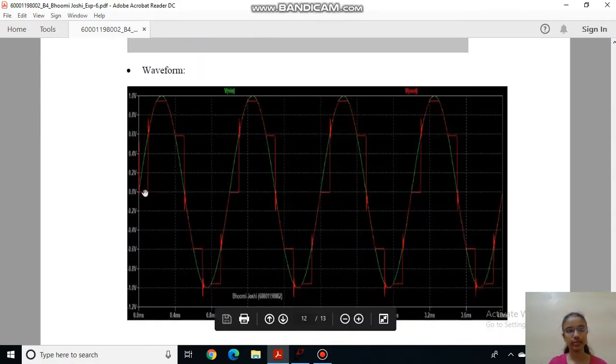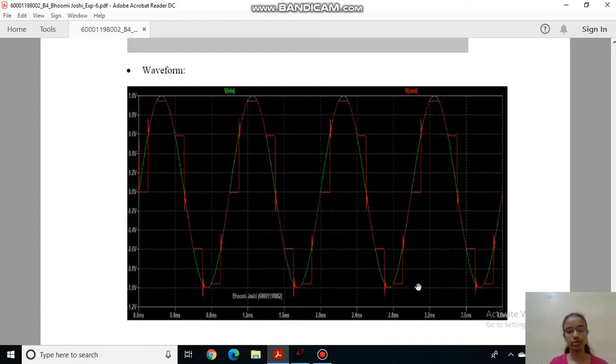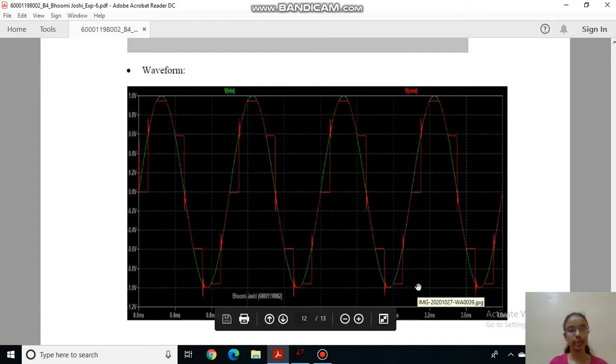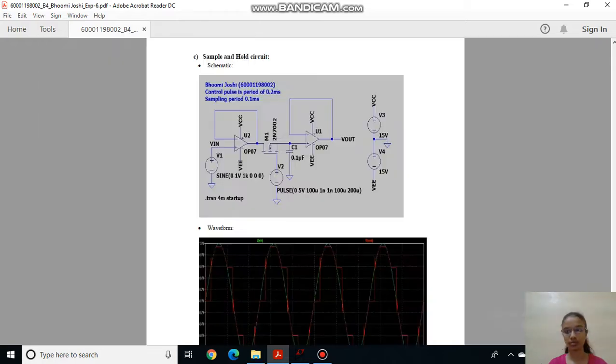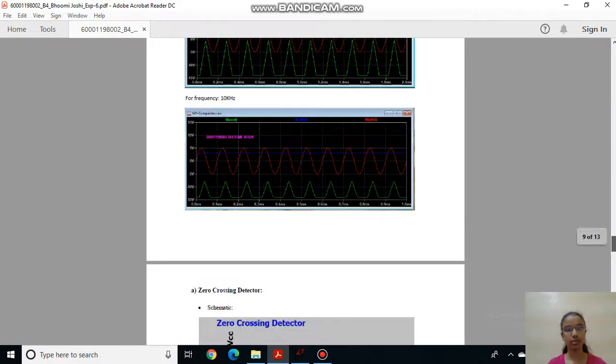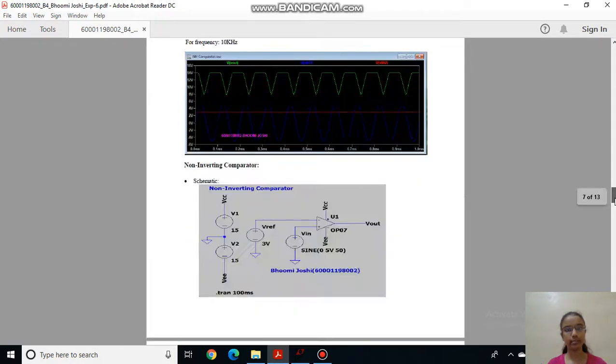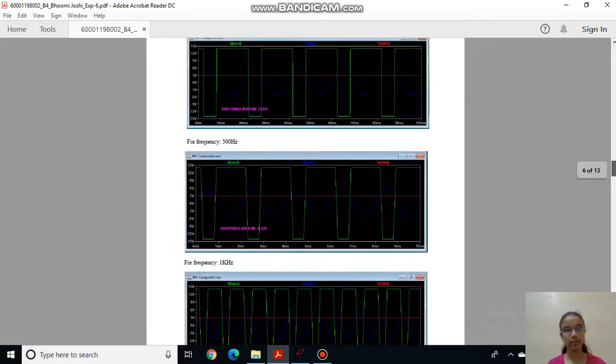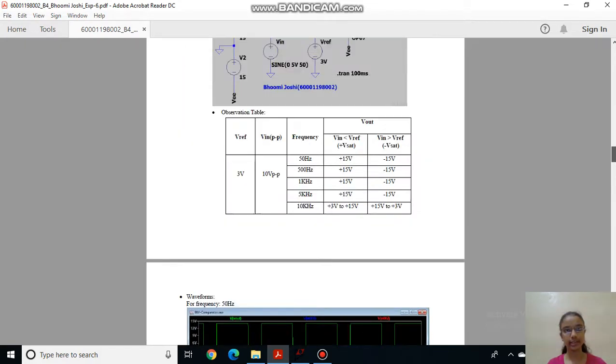So as you can see, my analog signal is converted into samples. So this is my output for sample and hold circuit. In this way, all the 4 parts are completed, but I have taken readings for inverting and non-inverting comparator for various frequency. So let us see that.